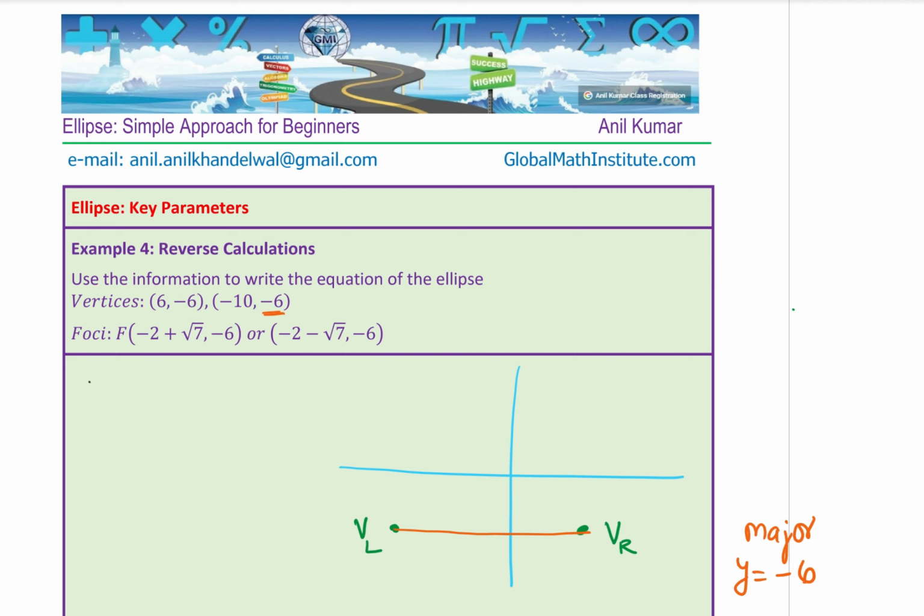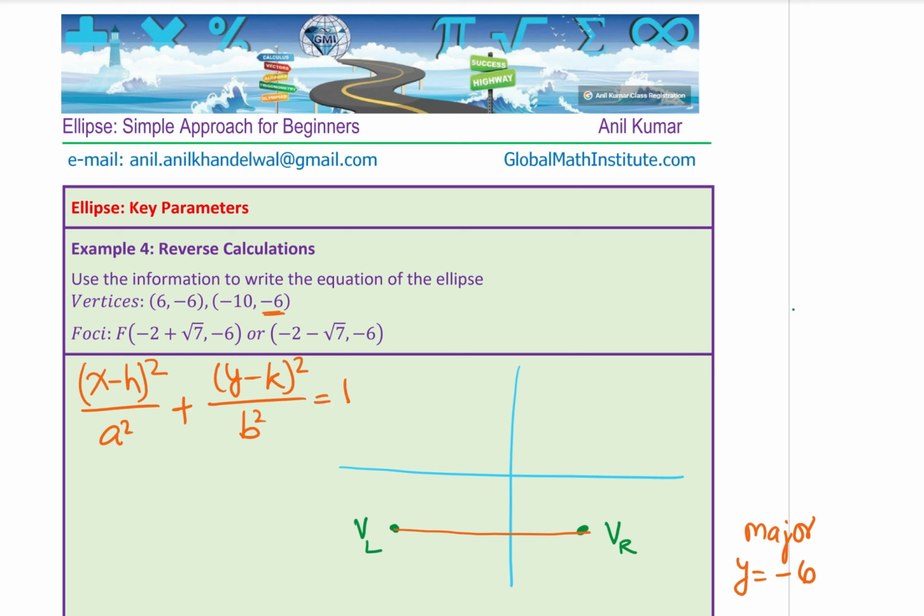So it also means that the standard equation, which was x square over a square, has now been translated. So we'll write the general equation, which is x minus h whole square over a square plus y minus k whole square over b square equals 1.